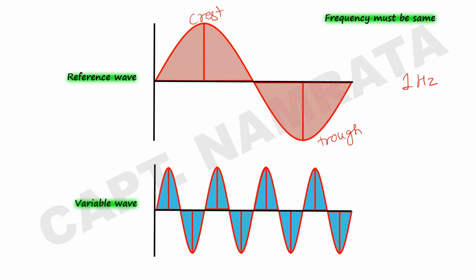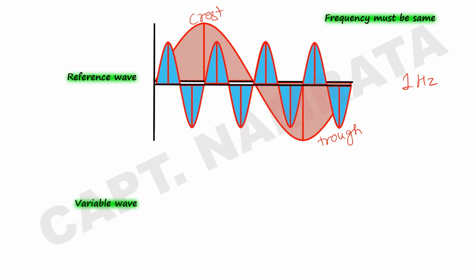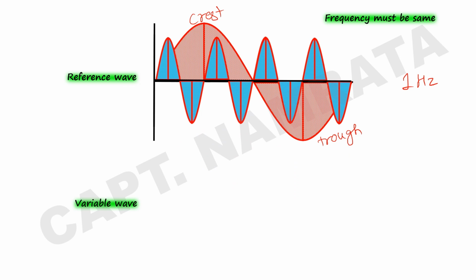In the case of the variable wave, we have multiple crests and troughs. That means the frequency is definitely different. Now if we try to overlap this, since the number of cycles are different, we cannot compare the crest and trough. Hence, we cannot calculate phase difference.